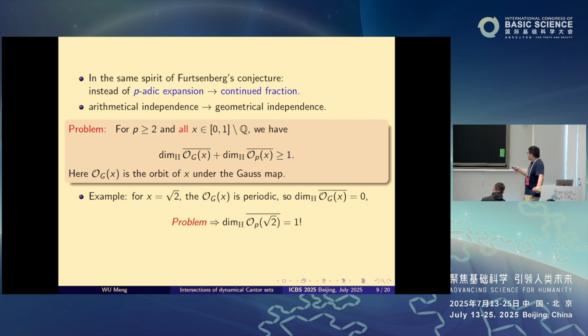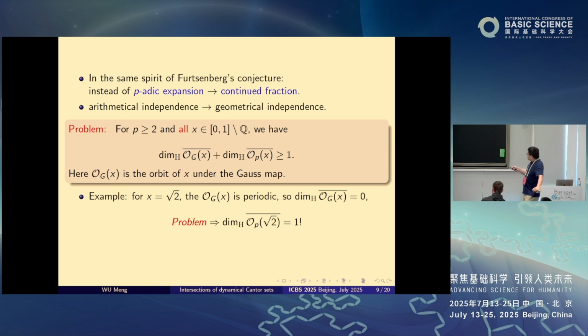Because times p and the Gauss map have a geometric independence, it is probably natural to guess that there is also this kind of phenomenon.